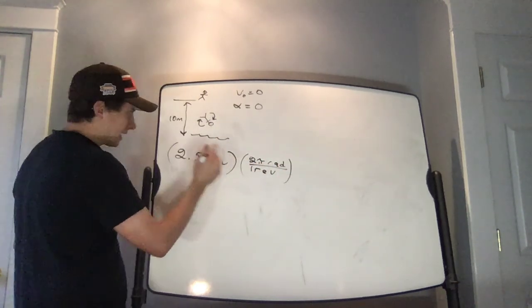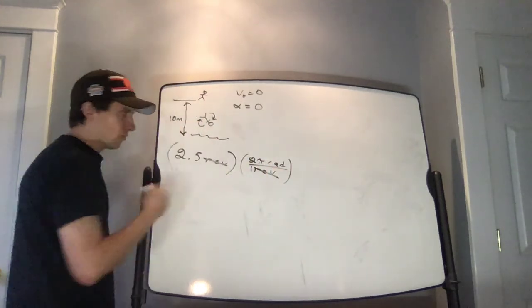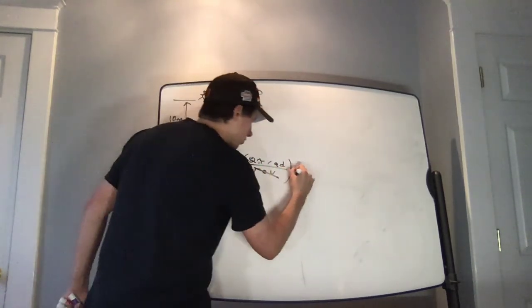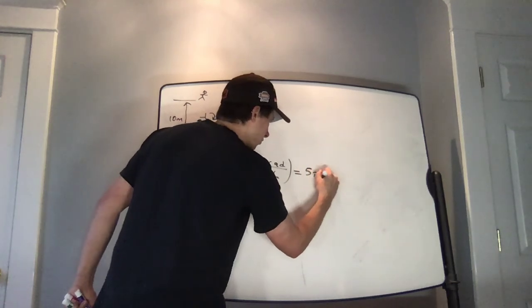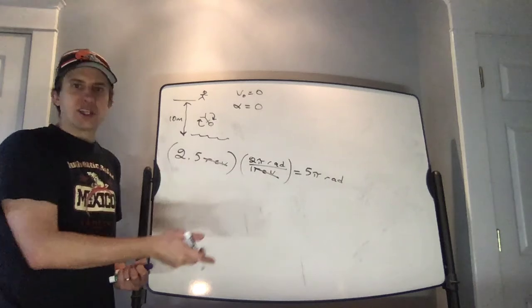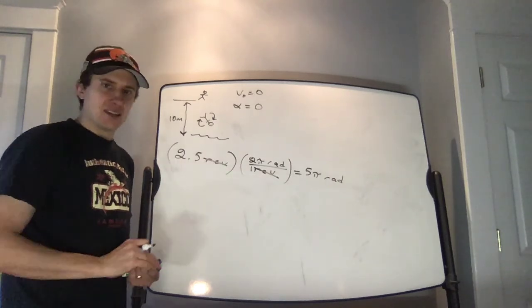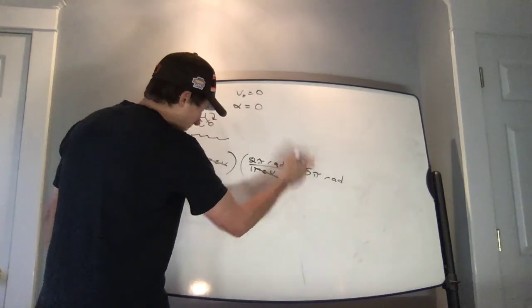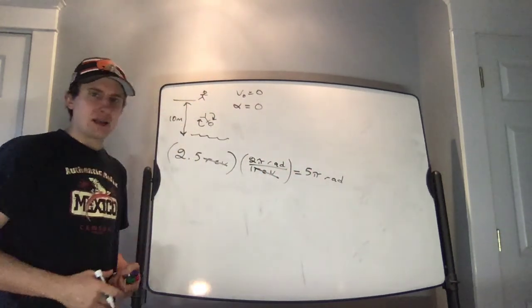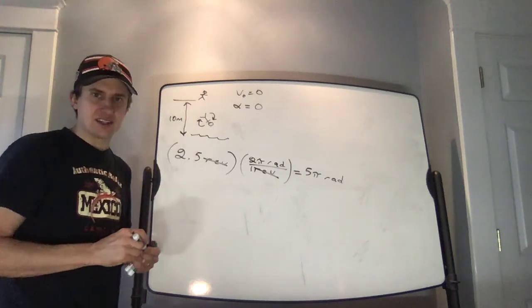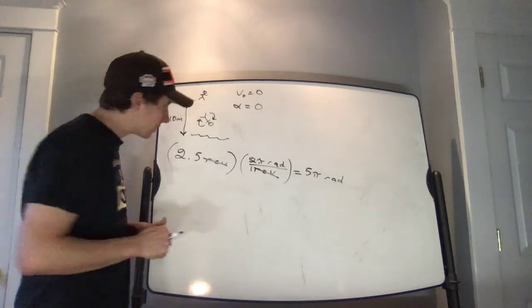And when I cancel the units of revolutions, I get the diver has spun through an angle of 5 pi radians. We just did a unit conversion. We did not really do any physics yet in this problem. If I wanted to, I could get a decimal number by multiplying 5 times pi, but it's just easier to write 5 pi, so I'm just going to leave it like this until the very end of the problem.